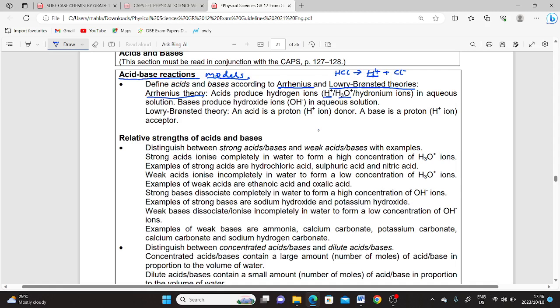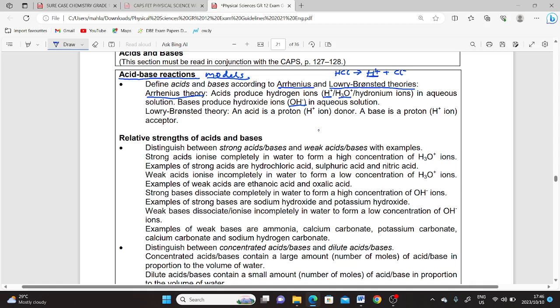Now let's check the base according to Arrhenius. They're saying the base produces the hydroxide ions, which is OH minus, in aqueous solution. What do you mean by aqueous solution? It is when this reacts with water, then it's going to ionize out OH minus.